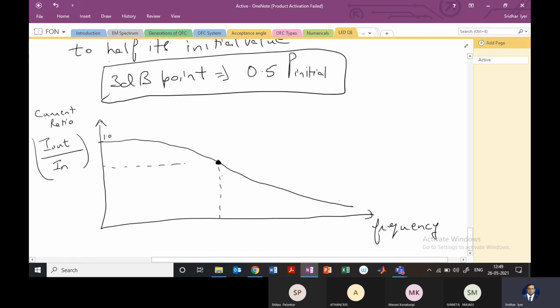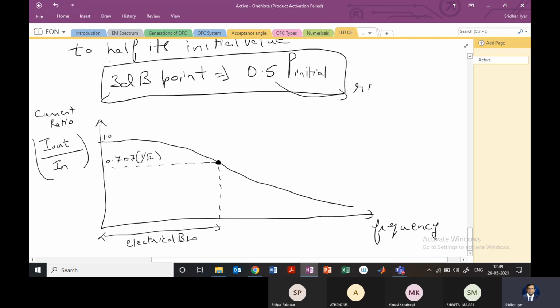This value here will be 0.5. Sorry, 1 by root 2, which is 0.707. This point here will be your electrical bandwidth.